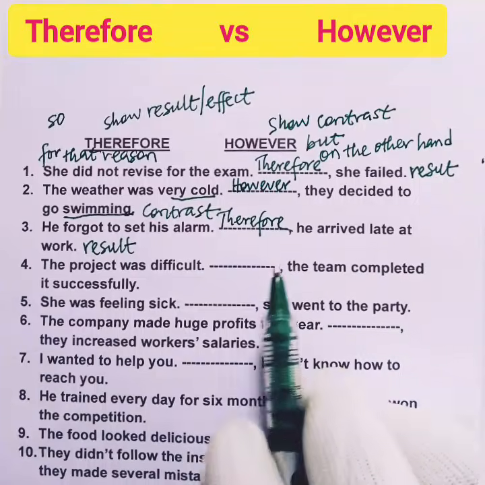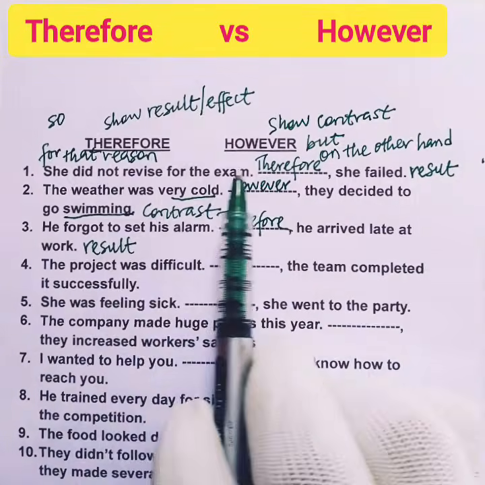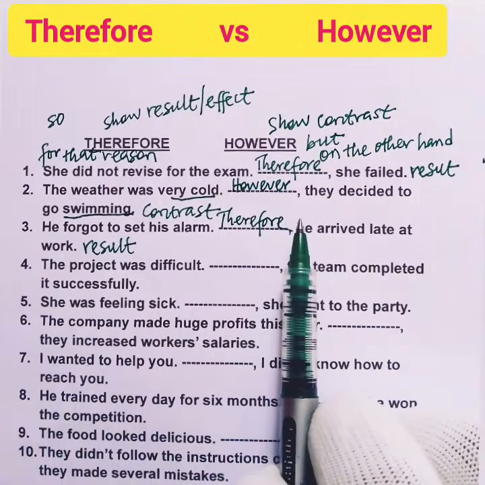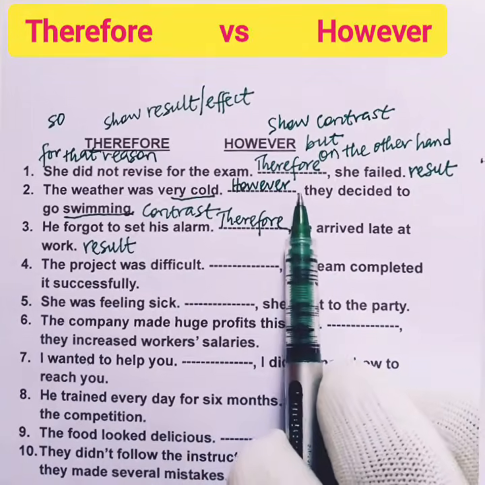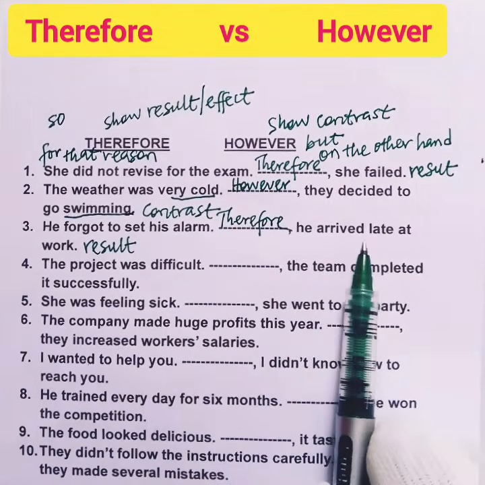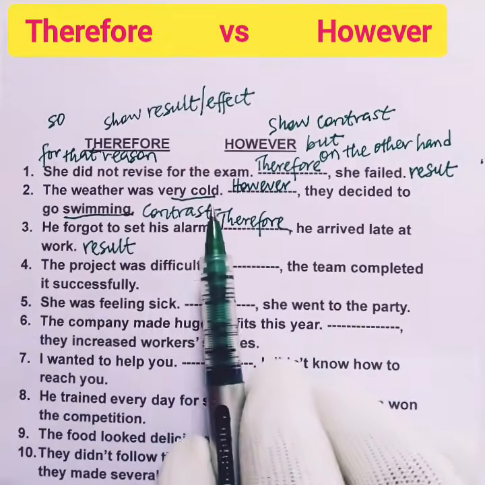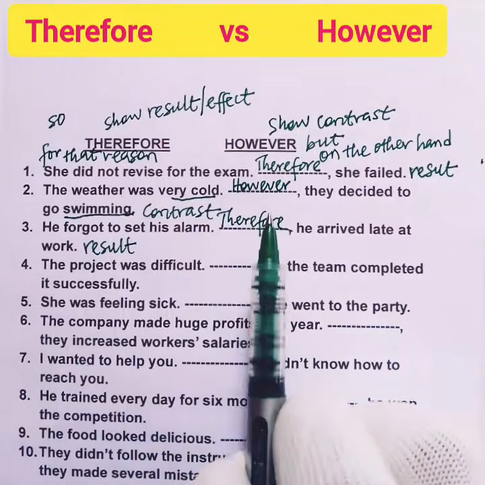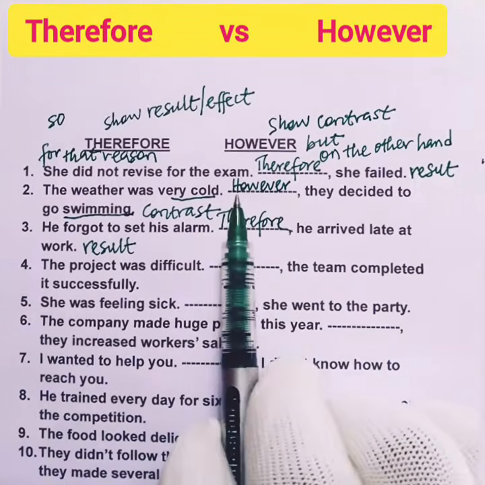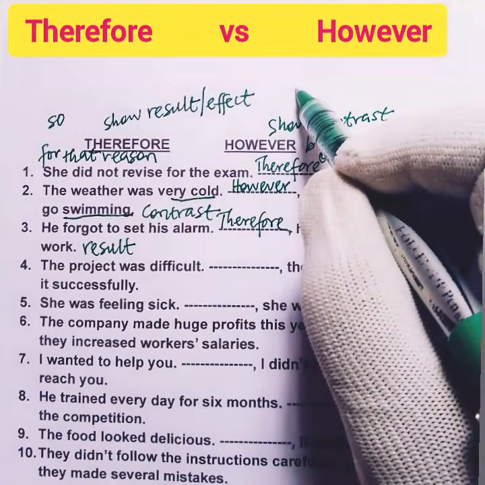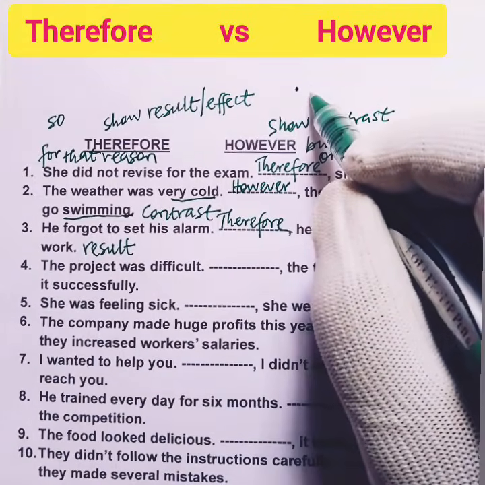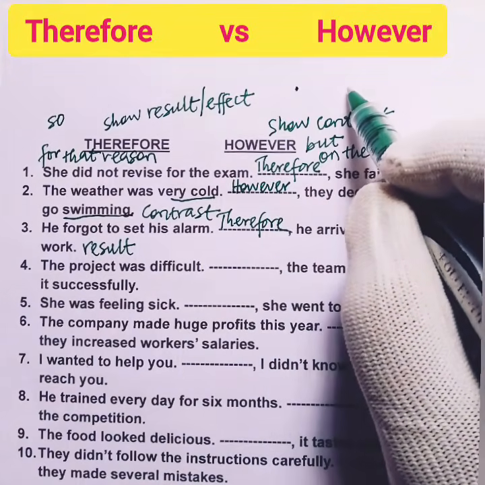Now remember this, anytime you use therefore or however, you must ensure that you place a comma after them before you continue the sentence, okay? Also remember this, before you introduce therefore or however in a sentence, you must put a full stop and begin however or therefore with a capital letter.